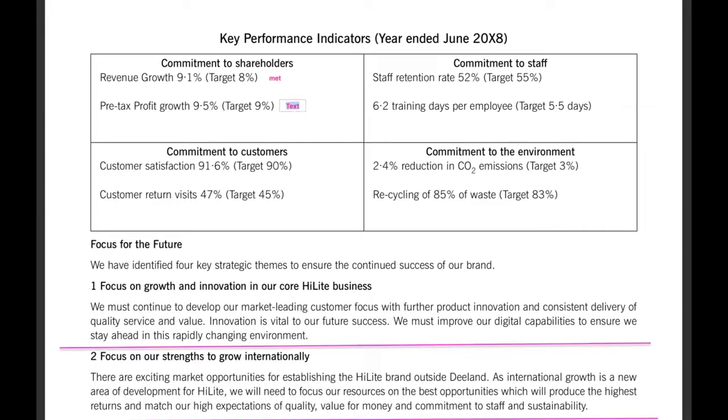In terms of the shareholders, they met the target.